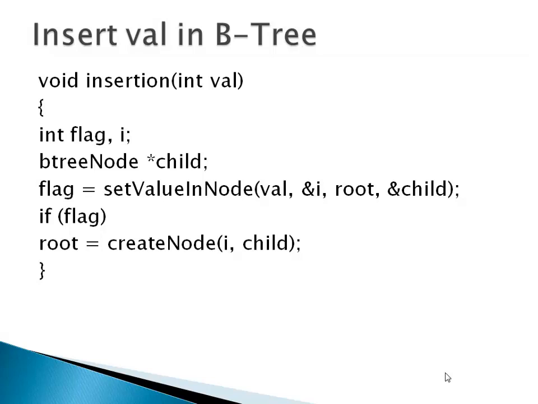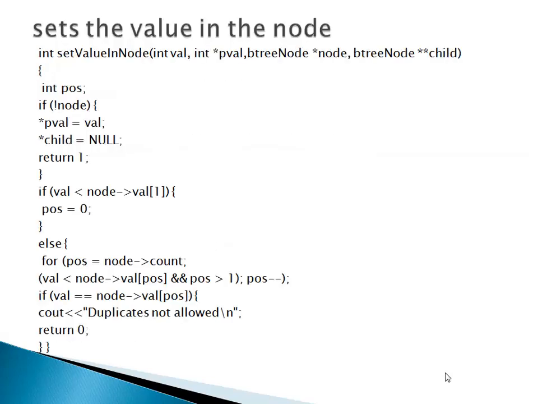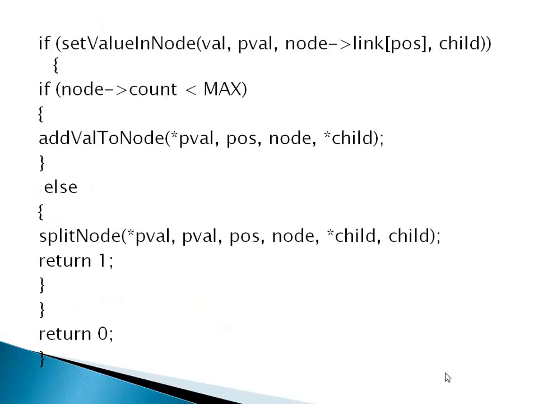Insert value in B tree. So, the insertion function: int flag and I, flag equal to set value in node. So we are going to get the value of flag from set value in node. Flag value will be 1 if not node, that is if the value to be inserted is not in the current node, then we have to create a new node, so it is going to return 1.